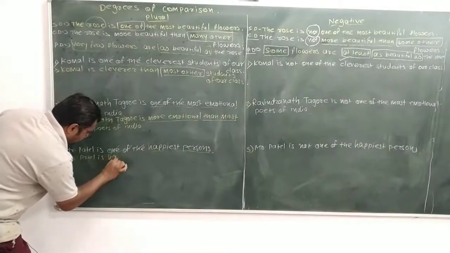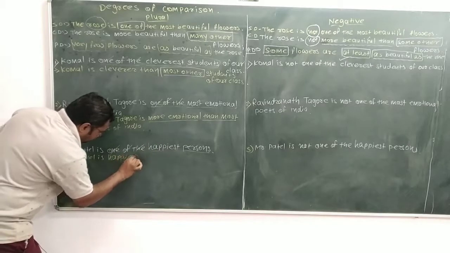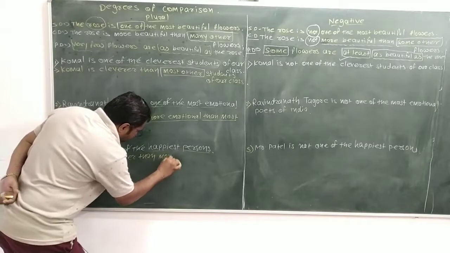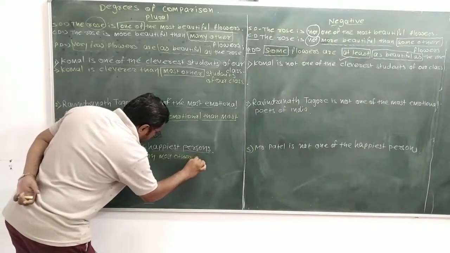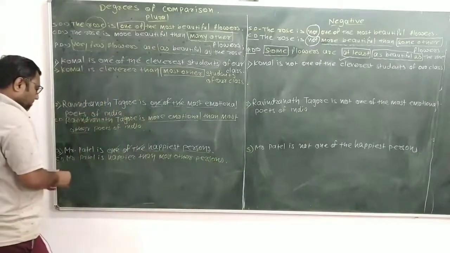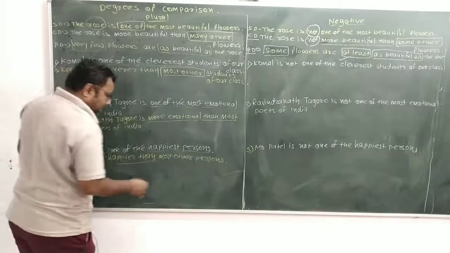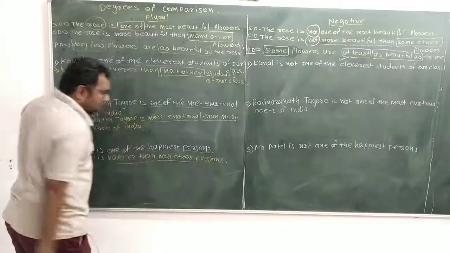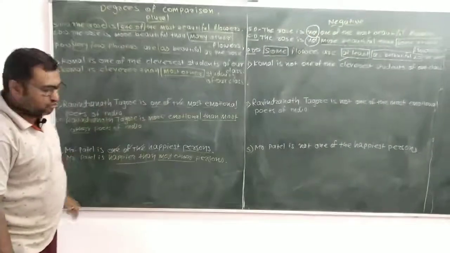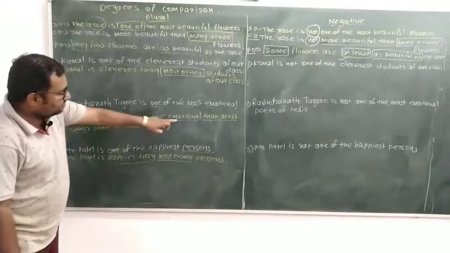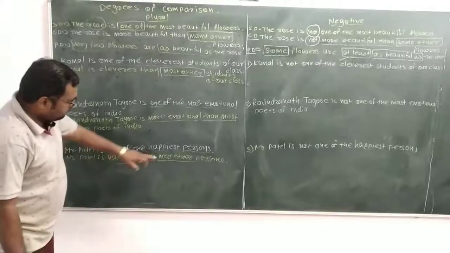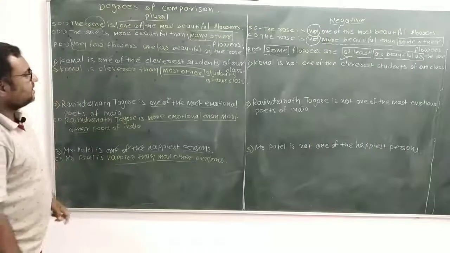Mr. Patel is happier than most other persons. So Mr. Patel is happier than most other persons. Komal is cleverer than most other students. Rabindranath Tagore is more emotional than most other poets. Mr. Patel is happier than most other persons.